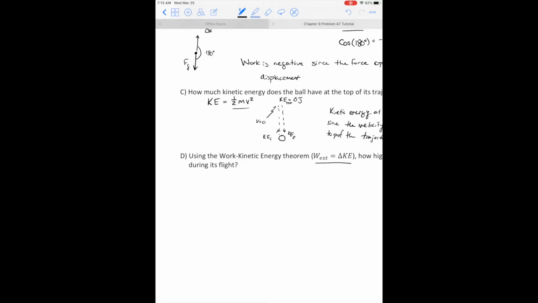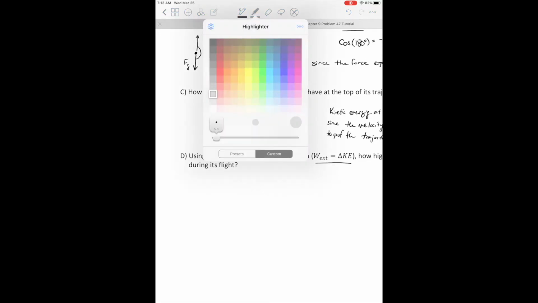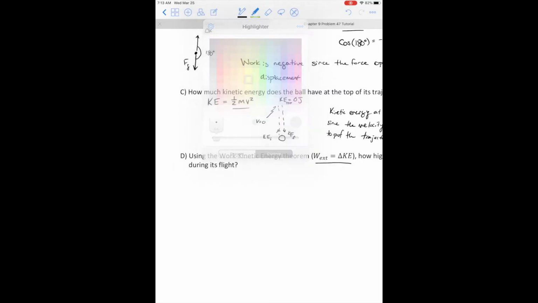So we're kind of taking this scenario that we talked about in part C and splitting it in half. We're saying that I have an initial kinetic energy here, I have a final kinetic energy here, and I'm just going straight up. So for the change in kinetic energy, I know that my final equals 0. What's my initial?